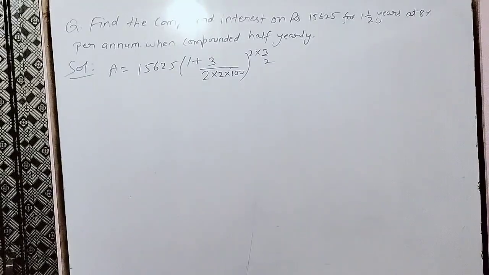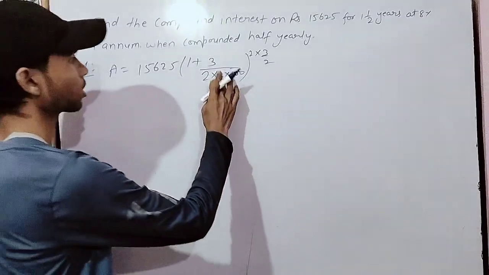Are you clear? This is the formula. We just multiplied 2 with 100 and then 2 with the number of years. Clear?